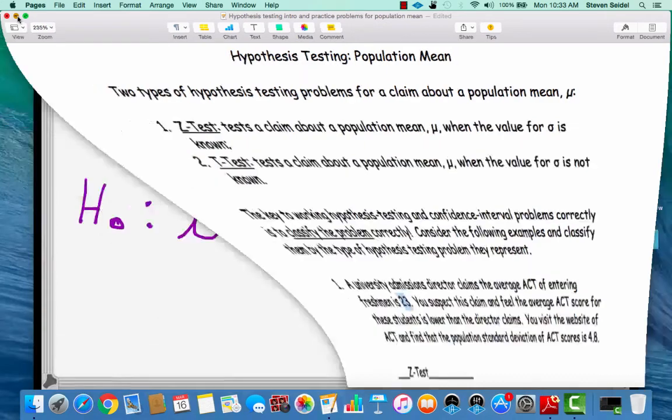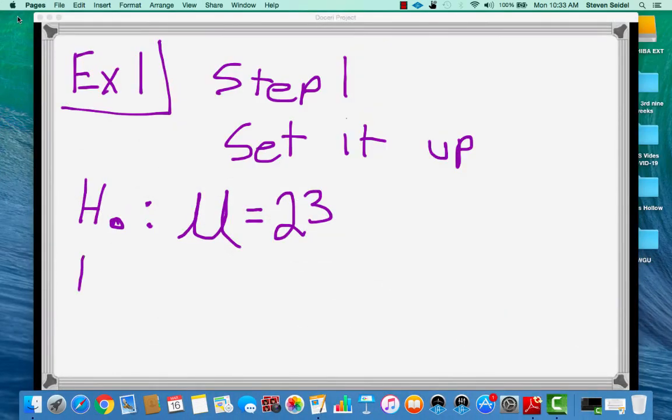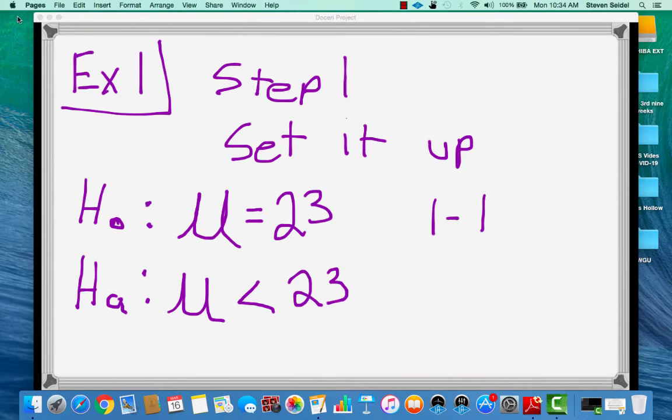So for the H sub A, the alternative, you're going to simply write, I am so sorry about my handwriting, mu is lower than 23. This is a one-tail situation. That's what we're looking at.